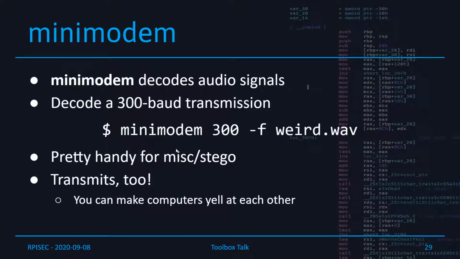Another fun little one: minimodem. It's a little program, it's mini even, for dealing with encoded audio. You might have heard of different ways that you transmit data over an audio line, especially back in the days of dial-up internet, when everything was audio. And modems would be what translated that.